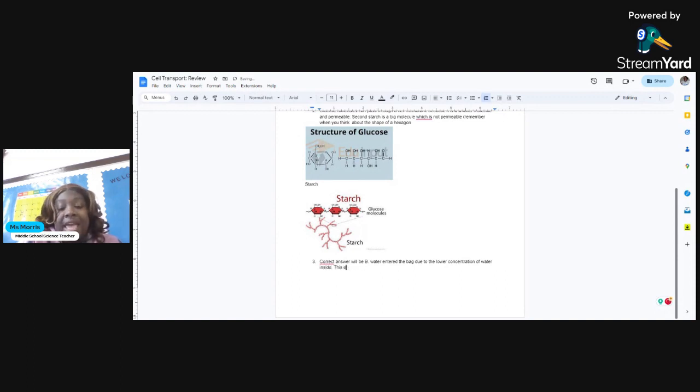Okay, this extra water pushed the liquid up the tube as the bag filled.